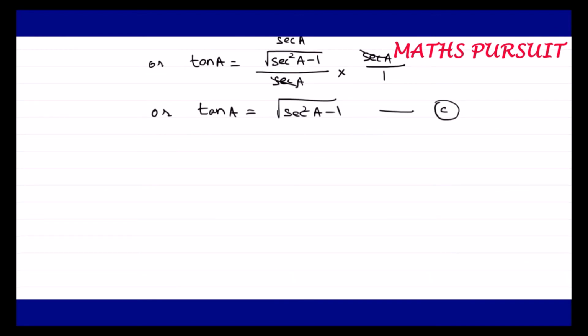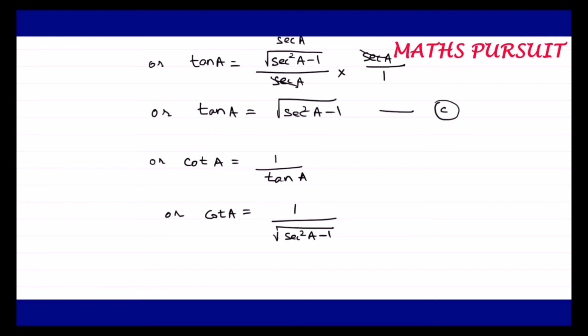So cot A, we know that cot A is equal to 1 upon tan A, or I can write, you could understand what I am going to write now, cot A is equal to 1 upon root over of sec square A minus 1.